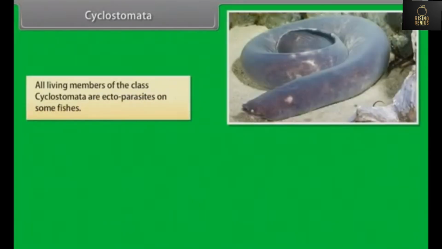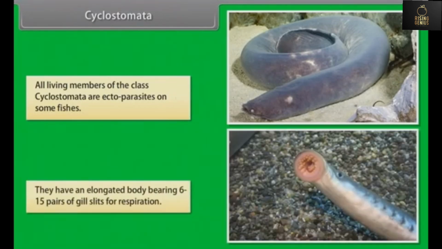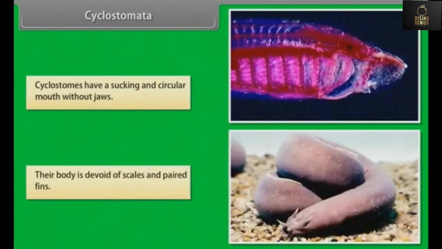Cyclostomata. All living members of the class Cyclostomata are ectoparasites on some fishes. They have an elongated body bearing 6 to 15 pairs of gill slits for respiration. Cyclostomes have a sucking and circular mouth without jaws. Their body is devoid of scales and paired fins.